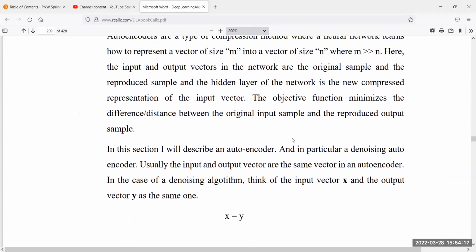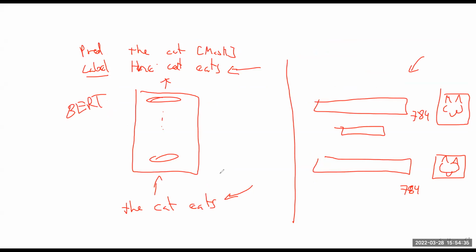So as I was saying, the input and output vectors in the network are the original sample and the reproduced sample, and the hidden layer of the network is the new compressed representation of the input vector. What that means for our example of BERT is that possibly the last hidden layer of BERT is the embedding.